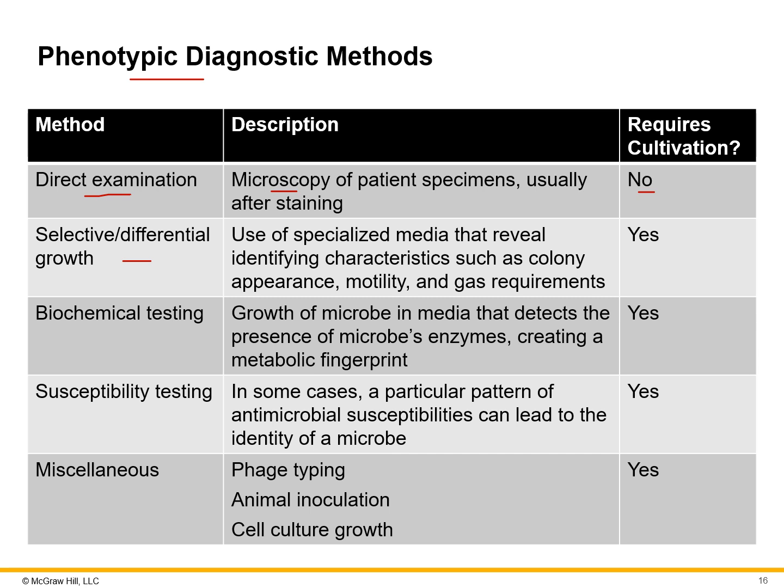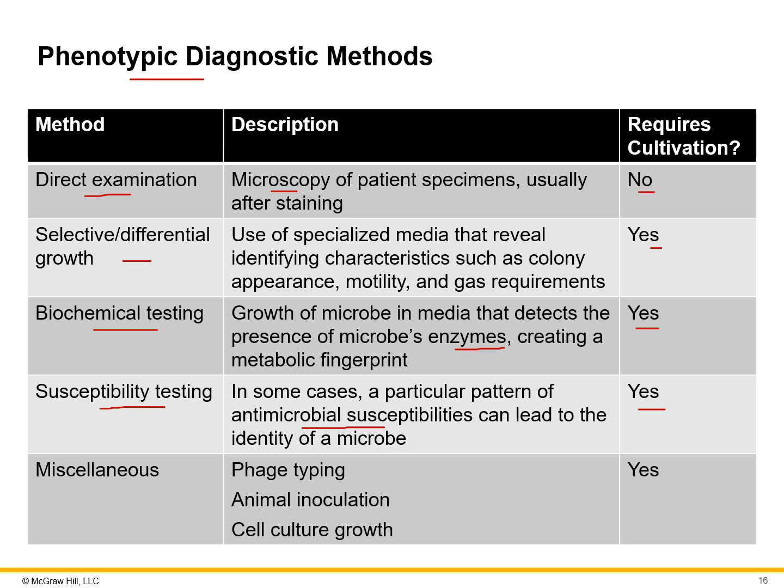So that does require, of course, that it has to be grown. Those biochemical tests, again, they have to be grown so that we can look for those different enzymes that are present or absent. The susceptibility requires it to be grown so that we can look at how effective different antimicrobials are at breaking them down.